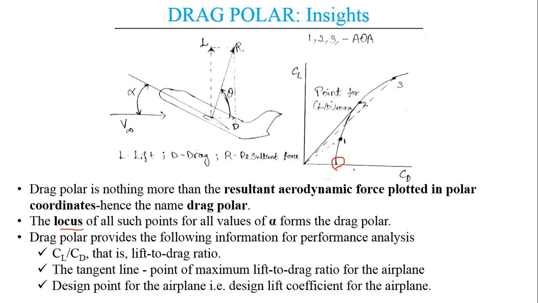So here we can see the procedure for obtaining the drag polar. Another point, as I discussed, is that this drag polar provides us with some aerodynamic information. What is that aerodynamic information? Drag polar provides us with the lift to drag ratio.